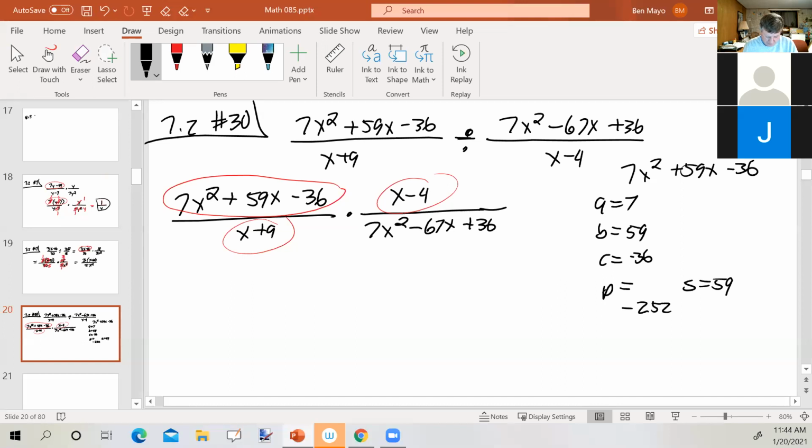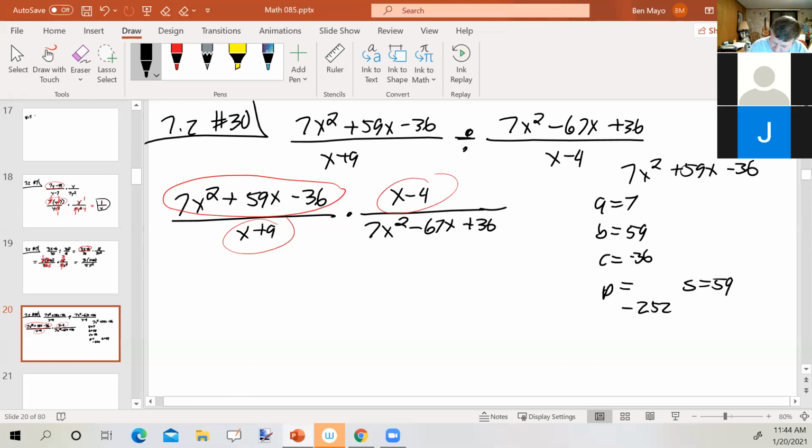Wow. Negative 252. And the sum is 59. So I've got to have two numbers, one positive, one negative. But when I add them together, I get a positive 59.